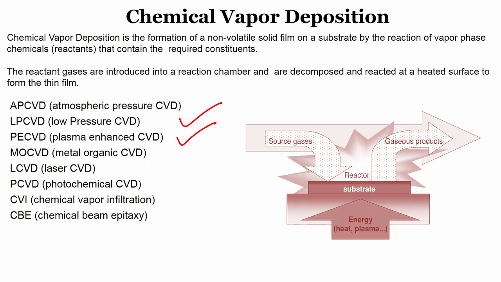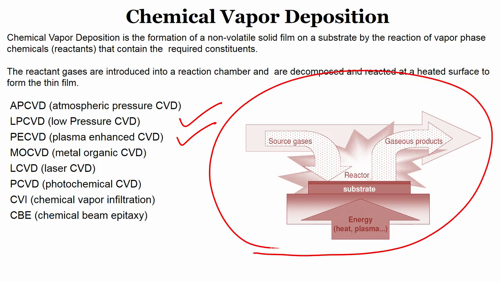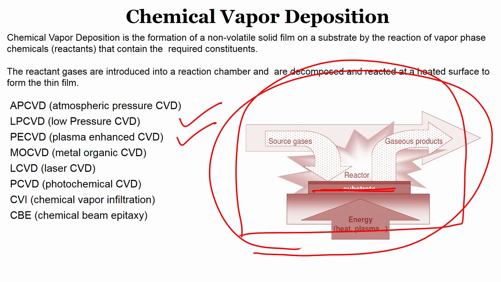If you go to the next slide, this is how the CVD system is. You have a high energy heated plasma. This is a substrate, this is a chamber, everything is inside the chamber. Then there are source gases that we have introduced, and a reaction occurs on the substrate.